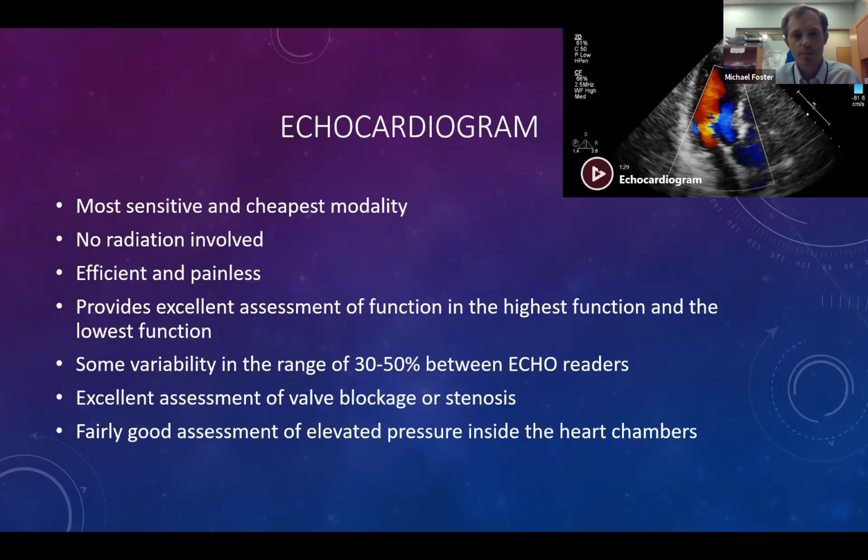It's fairly good at measuring pressures inside the heart chambers using such techniques called Doppler assessment. We also use a technique called color Doppler to mark the flow of blood into and out of the heart. The variability between different readers is actually fairly good when the heart function is normal or very low. In the range of 30 to 50%, there is a little more variability between different echo readers.